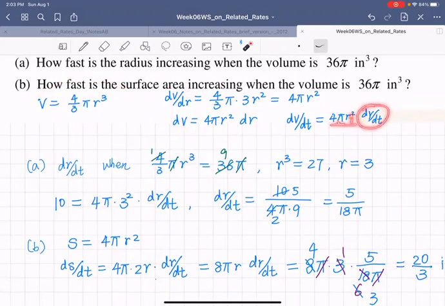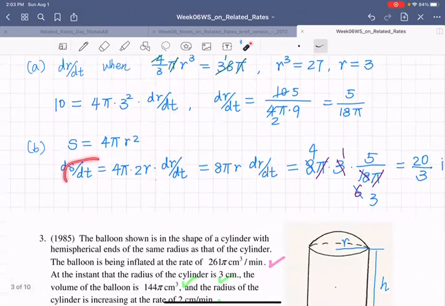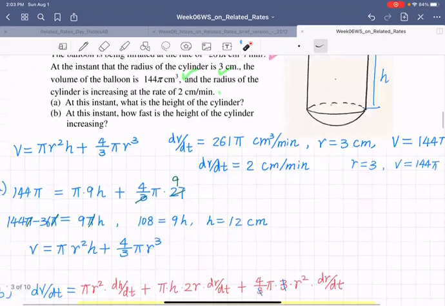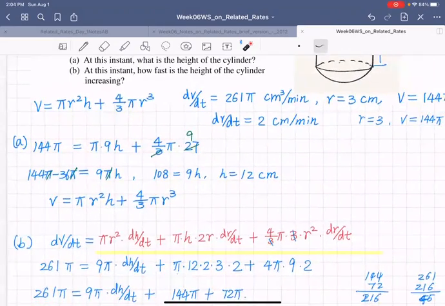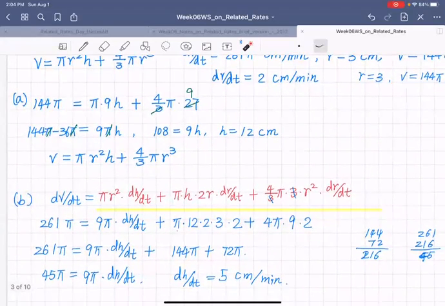One variable, we can use the derivative. Everything we did so far is one variable. This time is the first time we see two variables. Not only r, you also have h. Your h and r are changing at the same time. So we want to pay attention here.